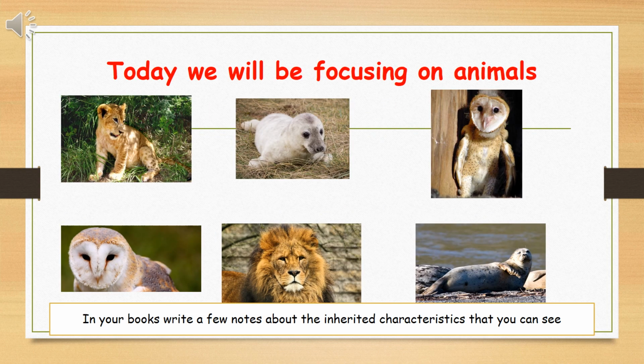So today we're going to be looking at lots of animals, which I'm sure many of you will be very excited about. So have a look at the pictures on the screen, and first of all find the offspring to the parent, and then write down on any notes that you can see that they've inherited the characteristics.